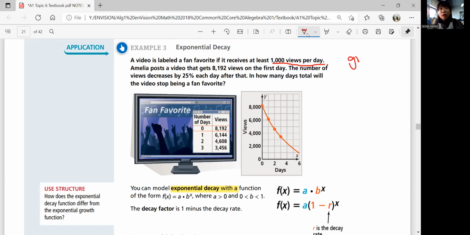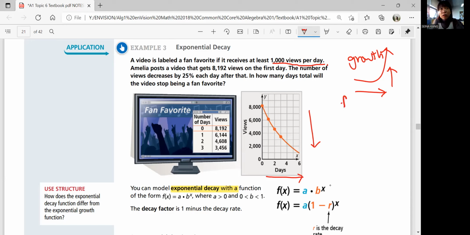So your growth function looks like this, right? When x gets bigger, your y also gets bigger. But then your decay function goes down. Your y values go down as x goes up. Okay? So the decay function is very similar to the growth function.